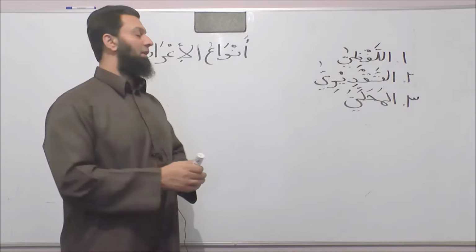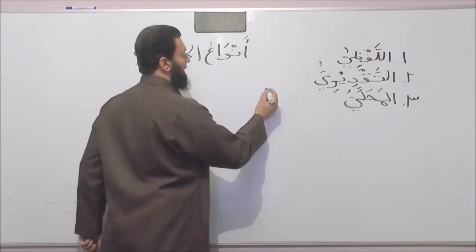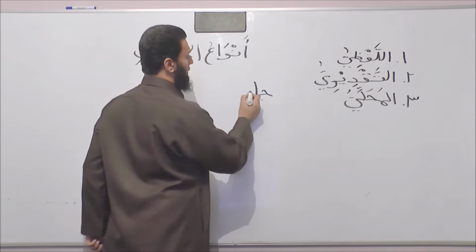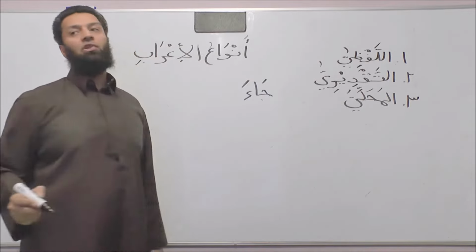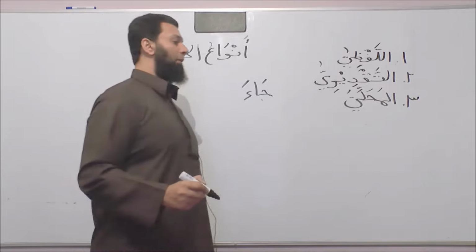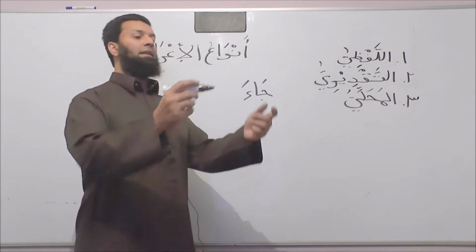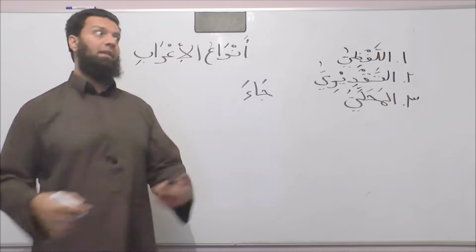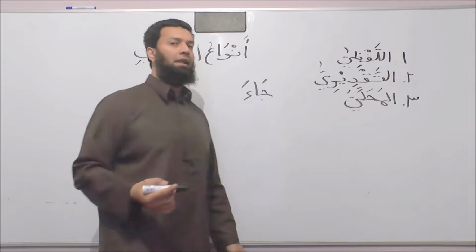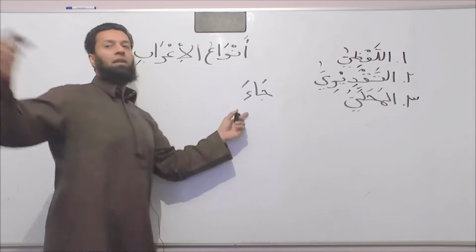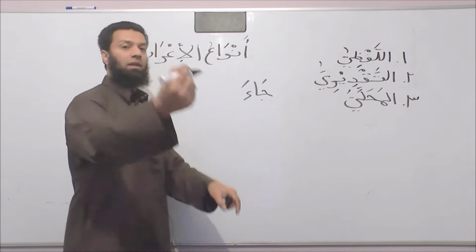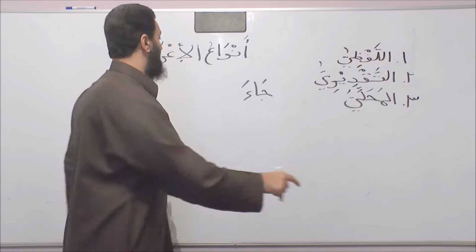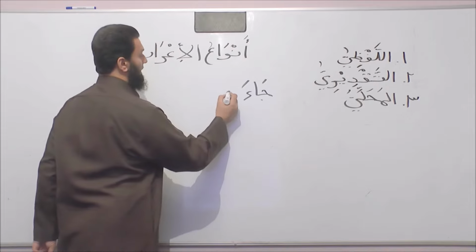So how do we illustrate this? If we take our jumlatul fi'liya beginning with ja'a, and we want to say these came, as in these people came. Ja'a, came. These, we need an ismul isharah, and these is ha'ula'i.